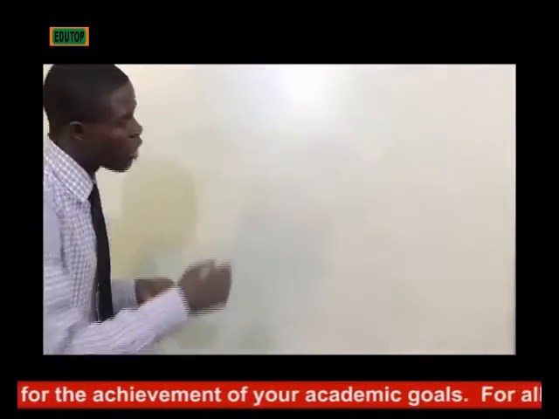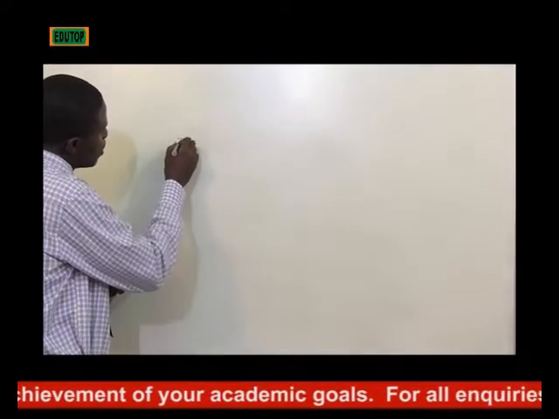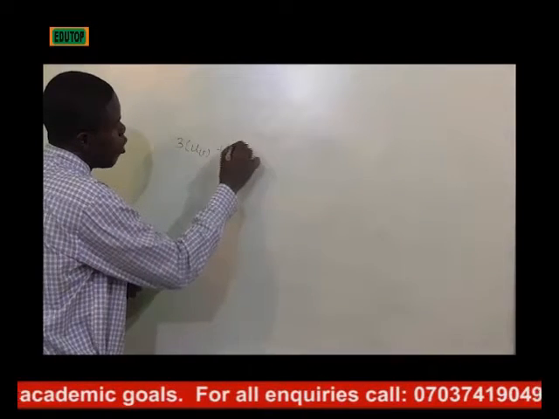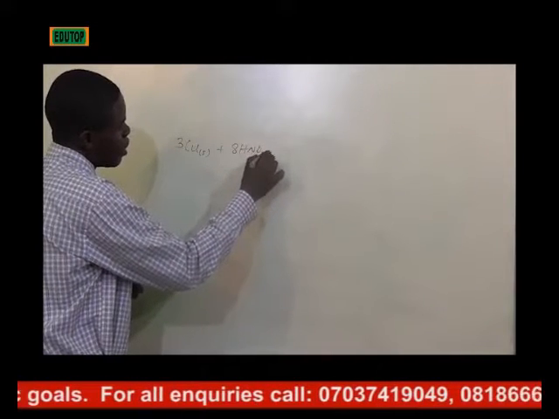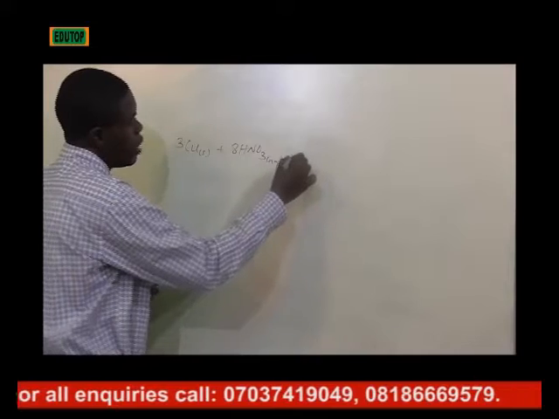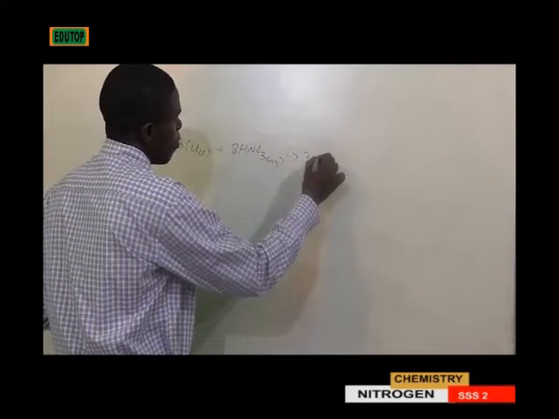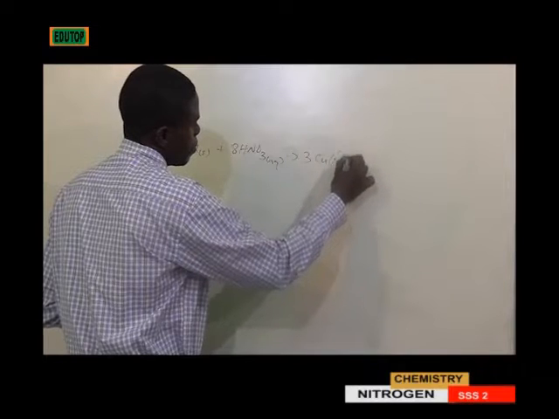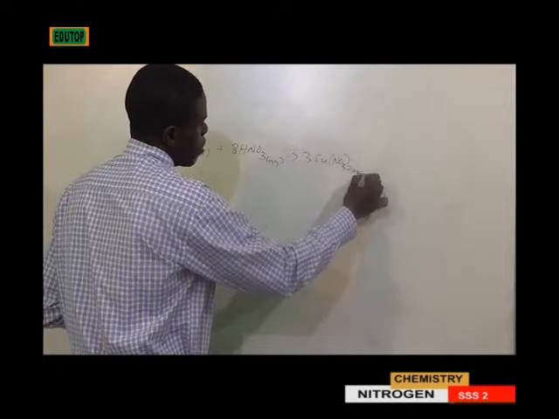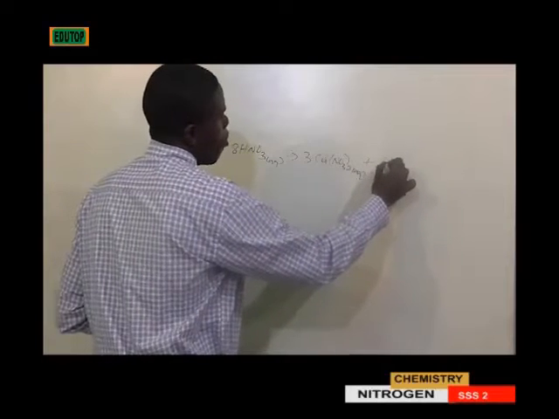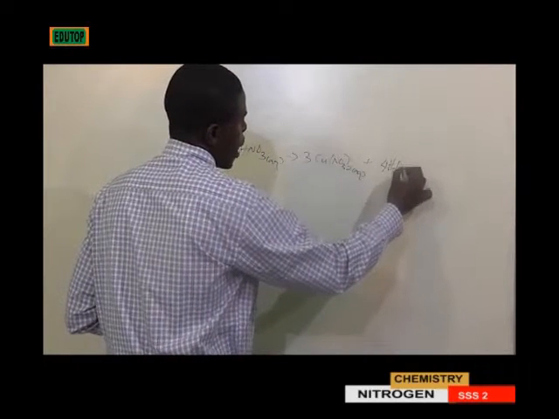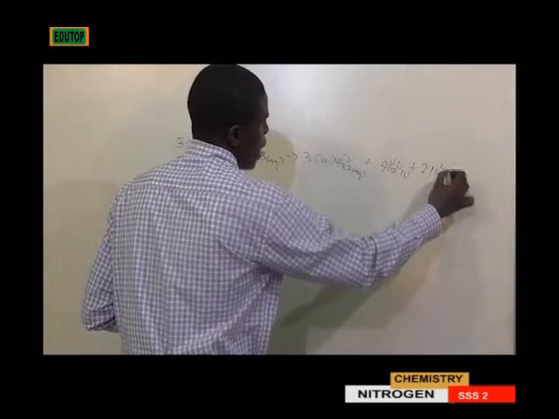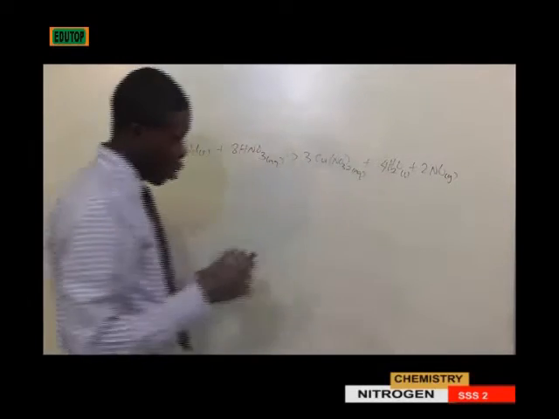And the equation of the reaction is this: 3 moles of copper solid plus 8 moles of HNO3 aqueous gives 3 moles of copper nitrate aqueous plus 4 moles of water plus 2 moles of NO, which is nitrogen 2 oxide.